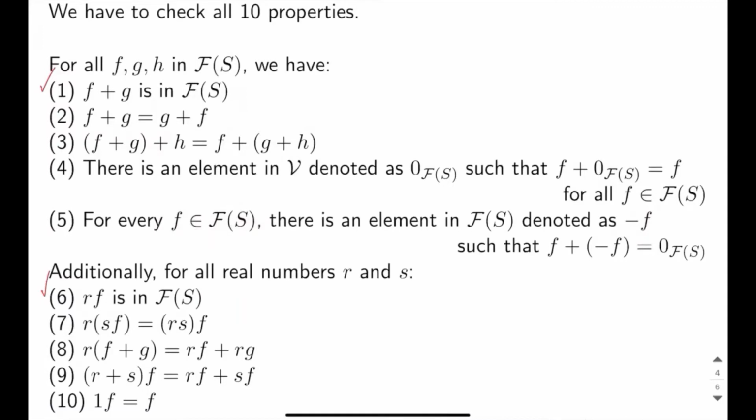Then the associativity for the scalar multiplication, the left and the right distributive properties for the scalar multiplication, and multiplying with the number 1. Well, the 10th property is kind of obvious as well, right?